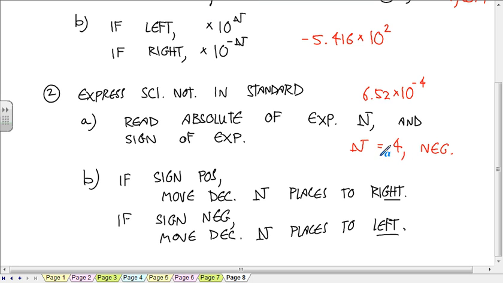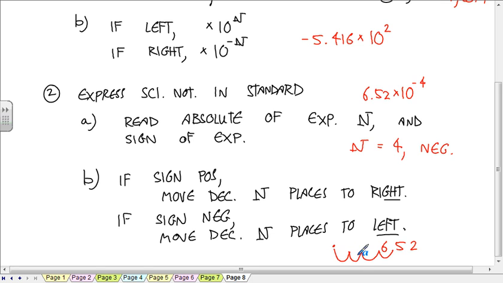In our case, the exponent was negative, and so we're going to move the decimal point to the left. Our original number, think of it as like we have 652. Okay, we're going to move the decimal point from here 1, 2, 3, 4.